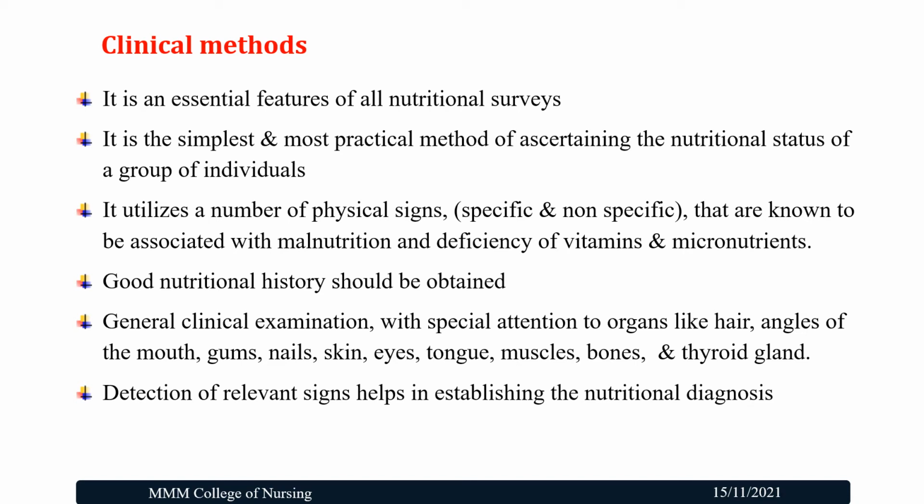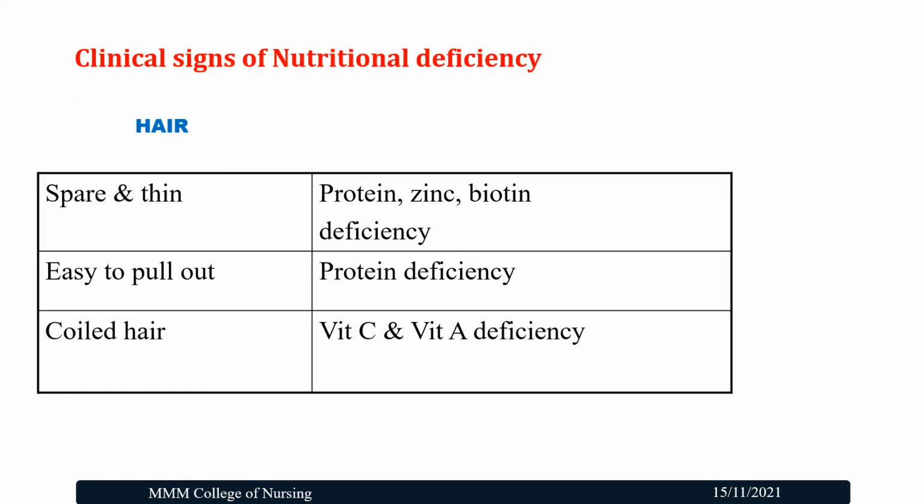General clinical examination and head-to-foot assessment lend special attention to organs like hair, angles of mouth, gums, nails, skin, eyes and tongue, muscles, bones and the thyroid gland. It is a key factor to identify the nutritional condition of an individual. Detection of relevant signs helps in establishing the nutritional diagnosis.